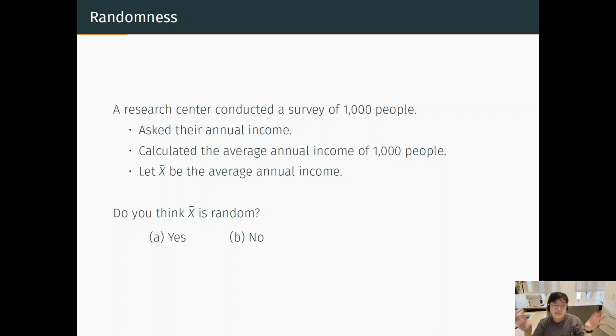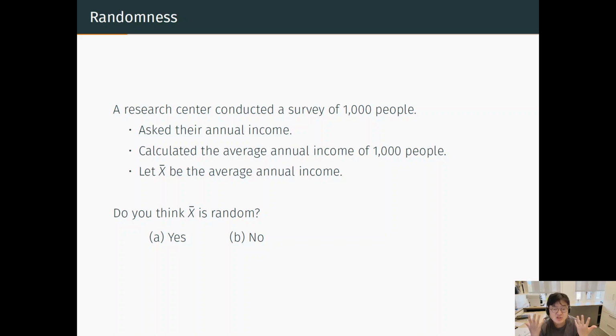Those two research centers would have different results, which is natural because the survey is random, but they already give a repetition. So you have two observations of average annual income.